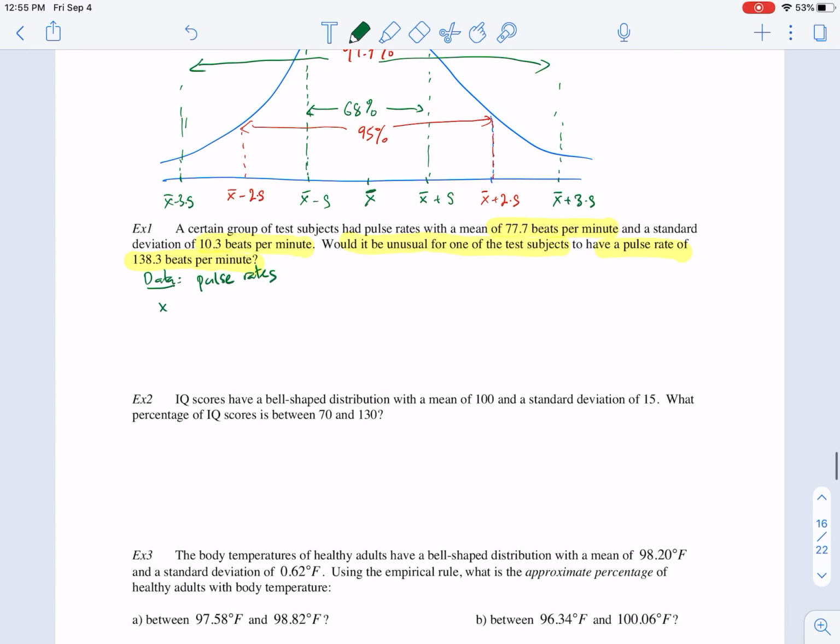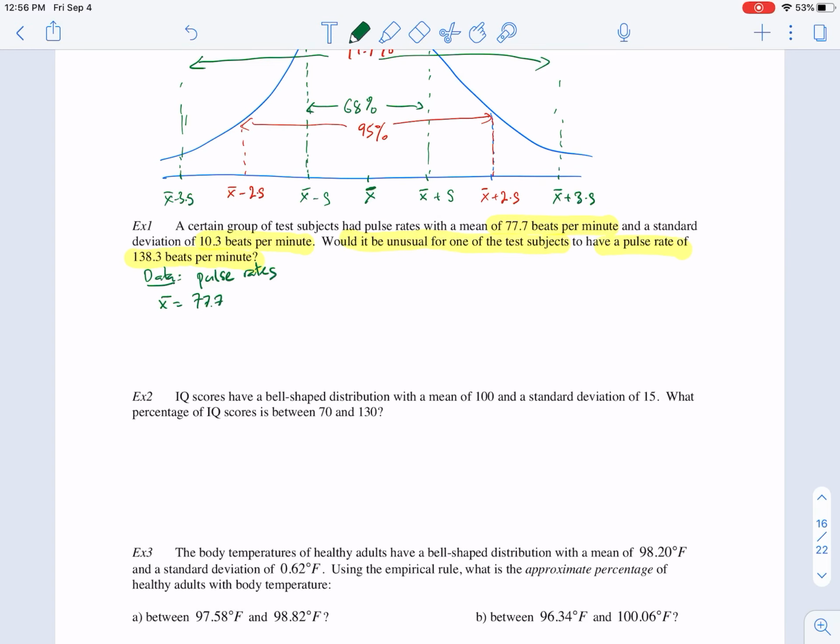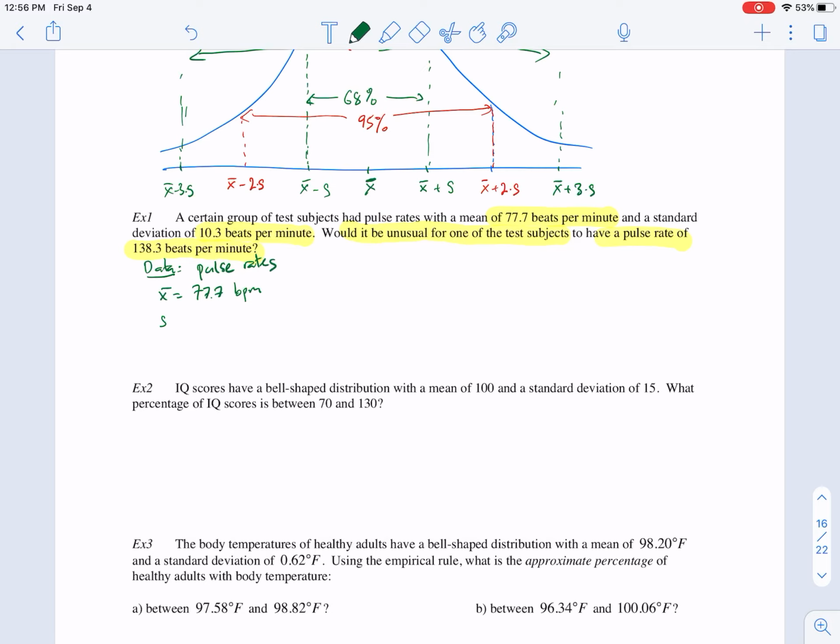Okay, we have X bar because it's a sample, right? 77.7 BPM. The standard deviation will be S because it's a sample, 10.3 BPM. Okay, so that's the data, the X bar and the S. So we're asking, is X, or the given test subject of 138.3 BPM, unusual?